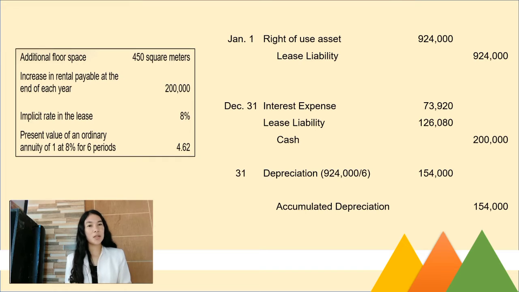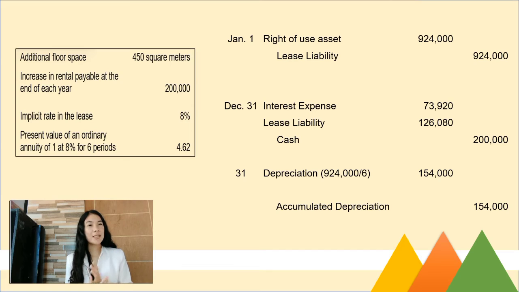On December 31, we debit interest expense amounting to 73,920. Then we debit as well the lease liability amounting to 126,080. Then we credit cash amounting to 200,000. So, saan galing yung amount ng ating interest expense?